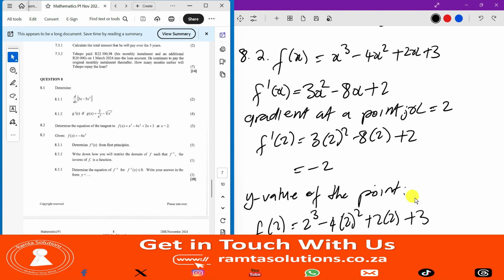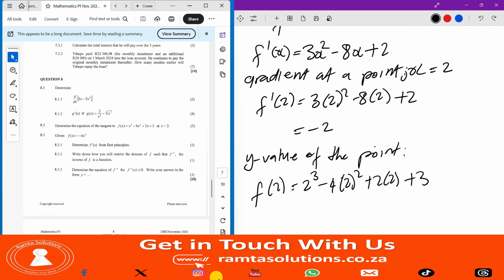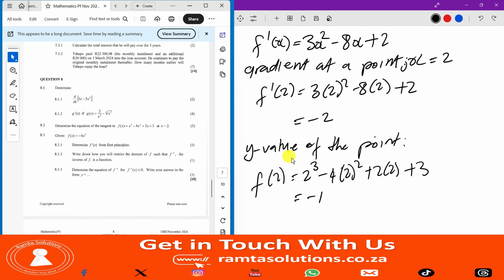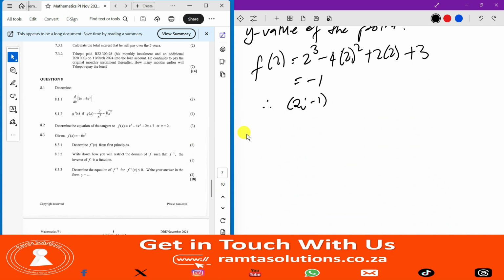Let's see: 8, and this is 16, 8, 12, 15. So this must be minus 1, isn't it? This must be minus 1. Therefore, the point is 2 and negative 1.